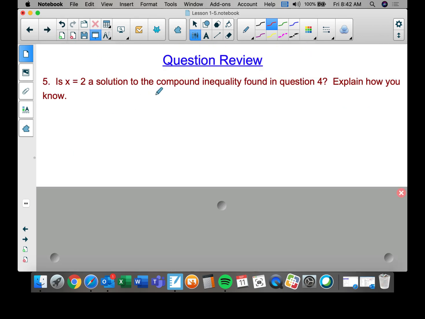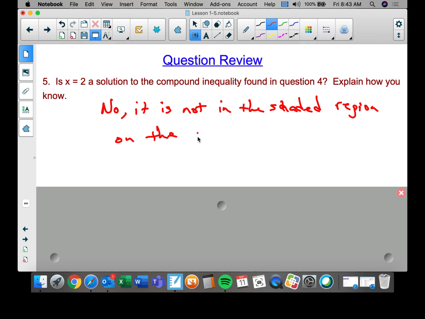So, I'm going to put no. It is not in the shaded region on the number line. Okay, so that's one idea.